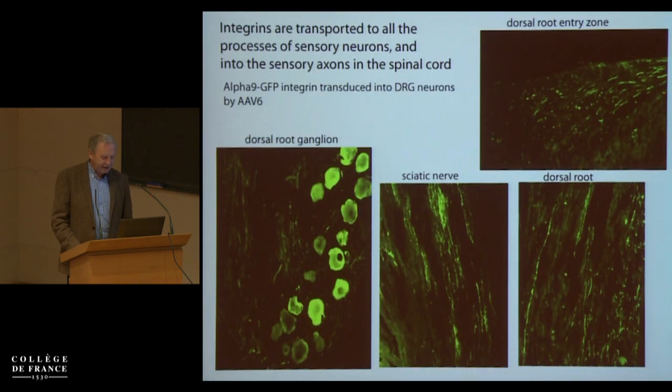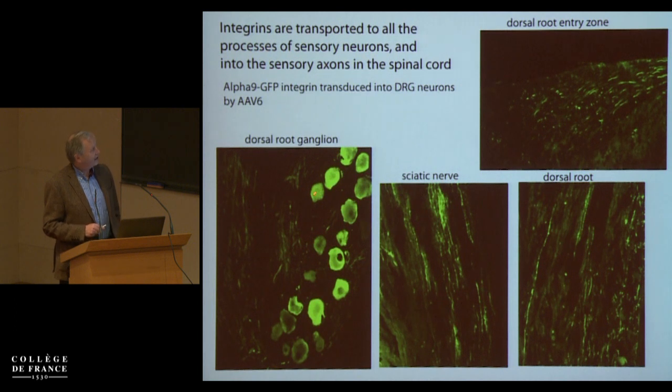So what's going on here? Can we explain it? So now let's go back to integrins and see if we can provide, with the integrin idea, an explanation of these differences in behavior. First of all, let's look at integrins and how they are distributed within these different types of neuron.